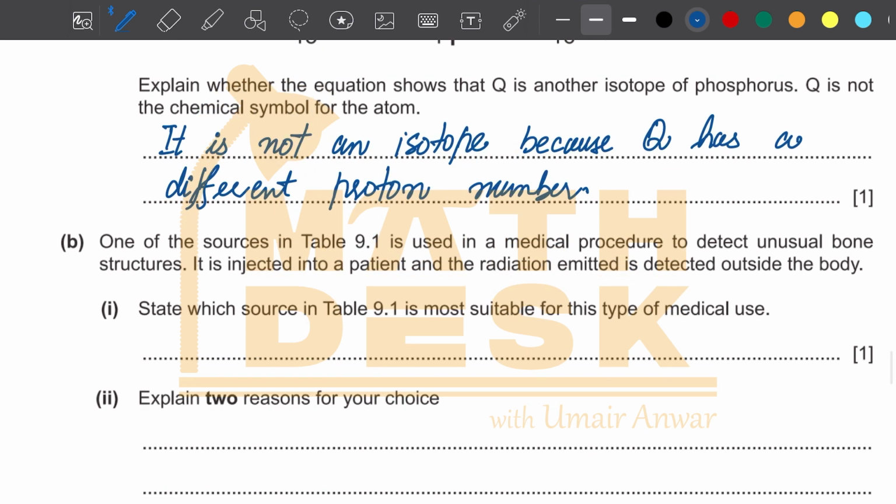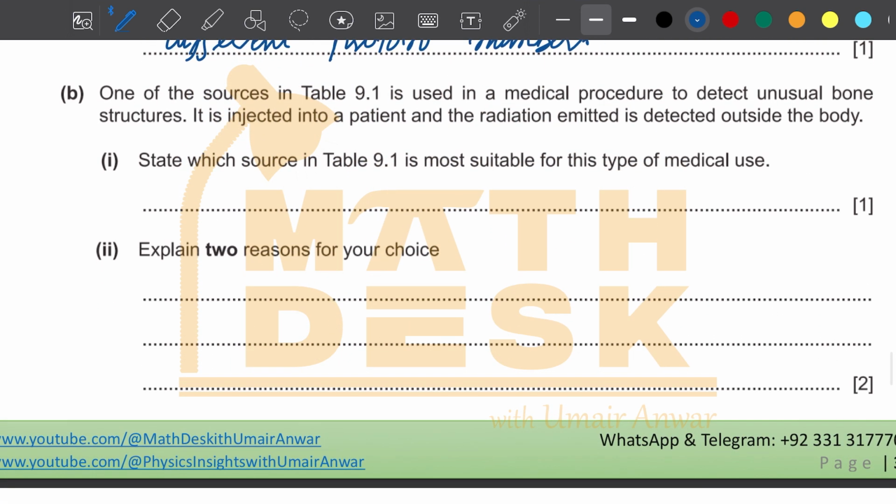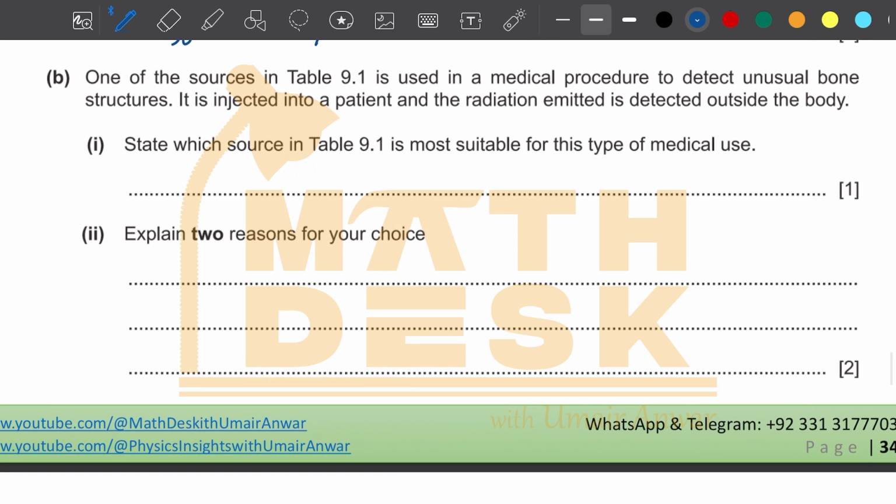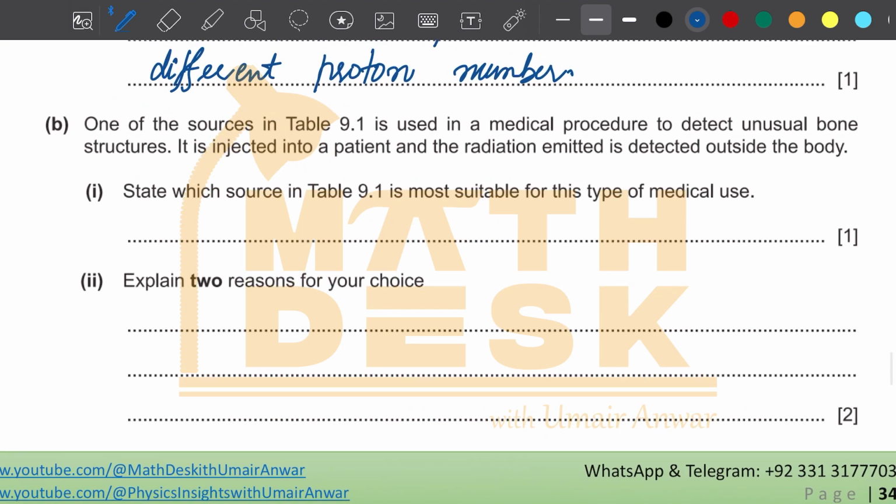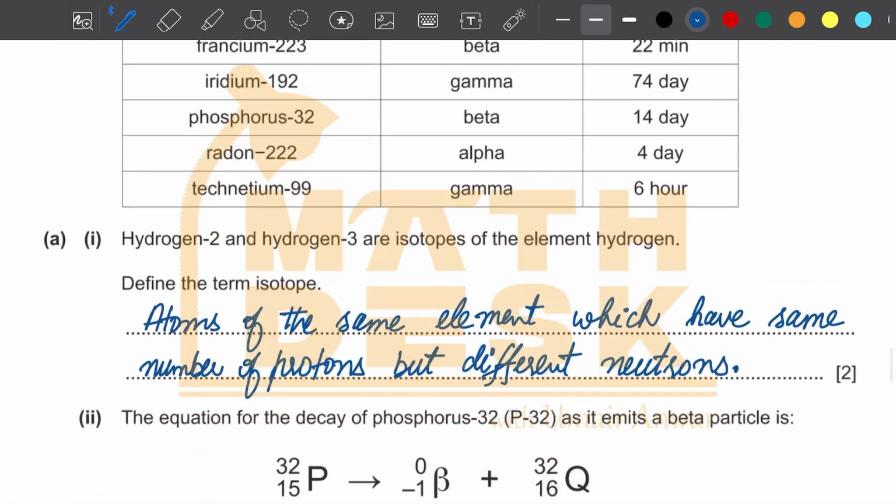The next part says one of the sources in table 9.1 is used in a medical procedure to detect unusual bone structures. It is injected into a patient and the radiation emitted is detected outside the body. State which source in table 9.1 is most suitable for this type of medical use.